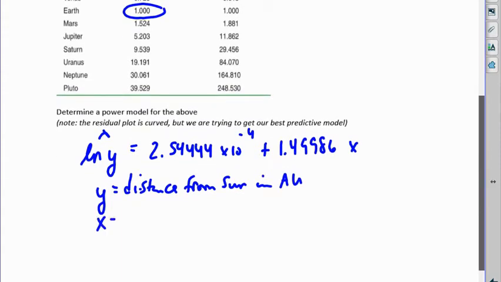And x is the period of revolution in Earth years.